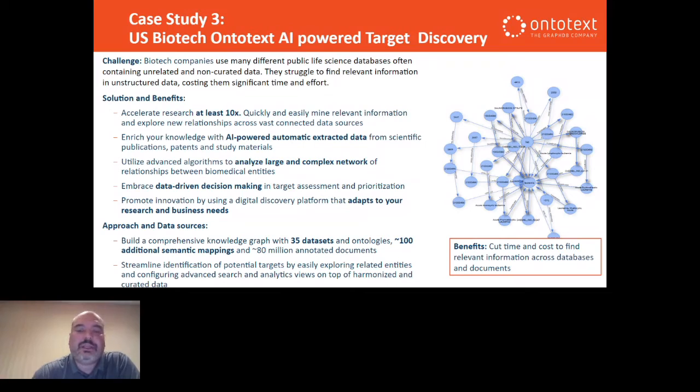So this actually significantly accelerates the research, provides really very large complex networks that need to be analyzed to identify relationships between different biomedical entities, which allows data-driven decision making by the company researchers, and will allow at the end to identify those highly valuable potential targets, and to continue with the next steps.